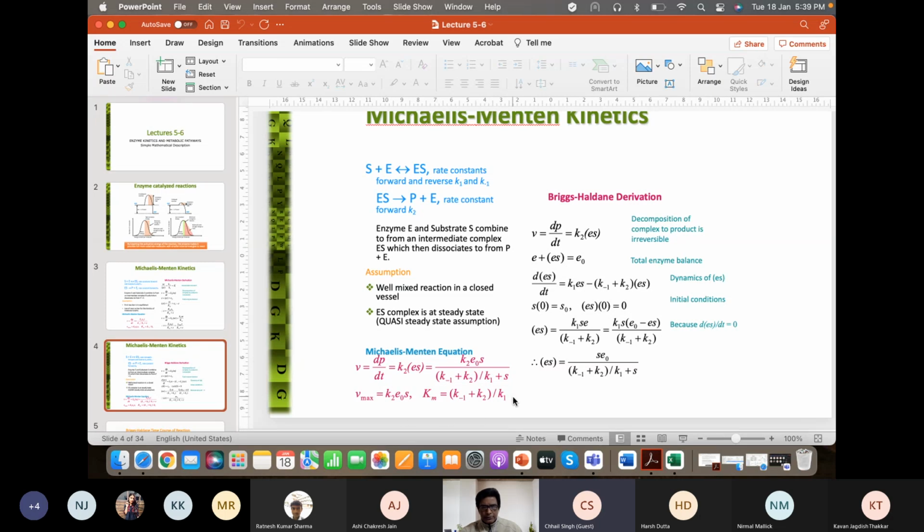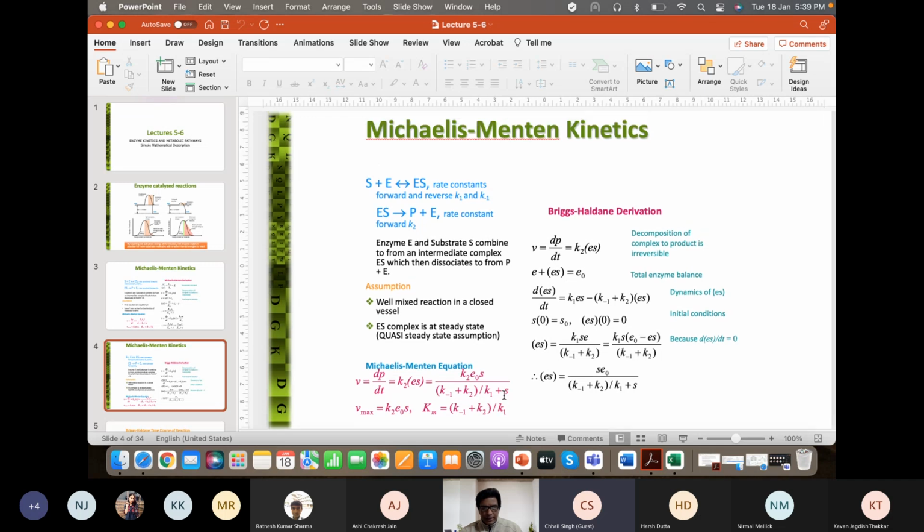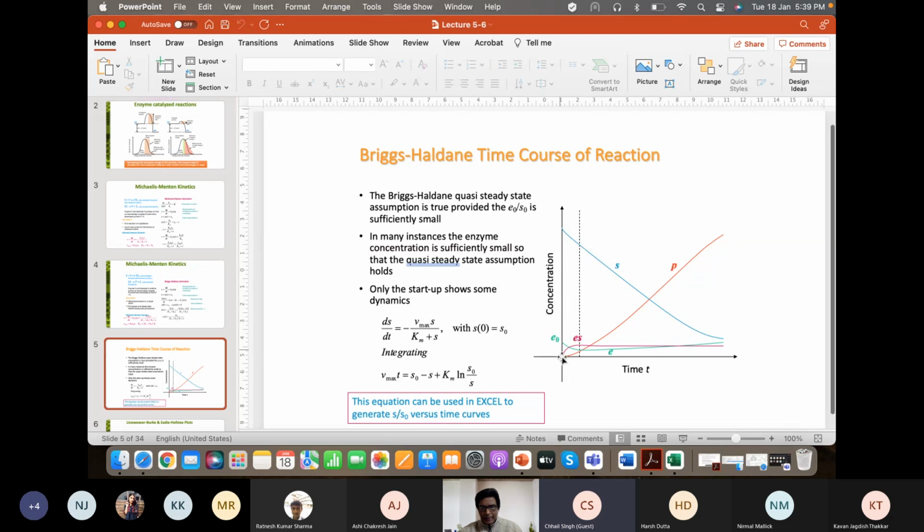And in terms of what you see here, this one captures the initial dynamics that are present in the enzymatic reaction. So this quasi steady state assumption actually holds here, and you can see that if you just do not consider the initial dynamics, most of the time you'll find that the enzyme complex ES is constant, E is constant, but the substrate is getting converted to product.